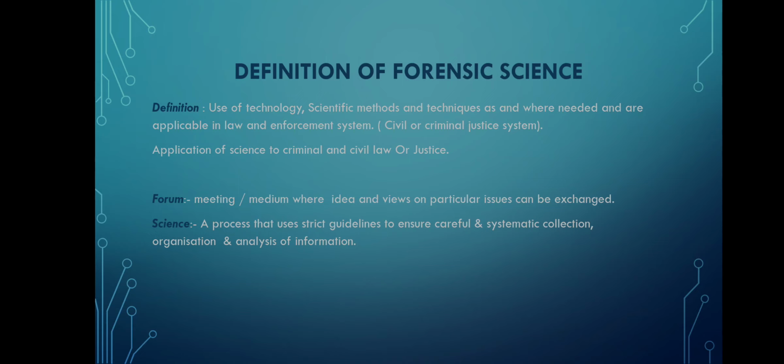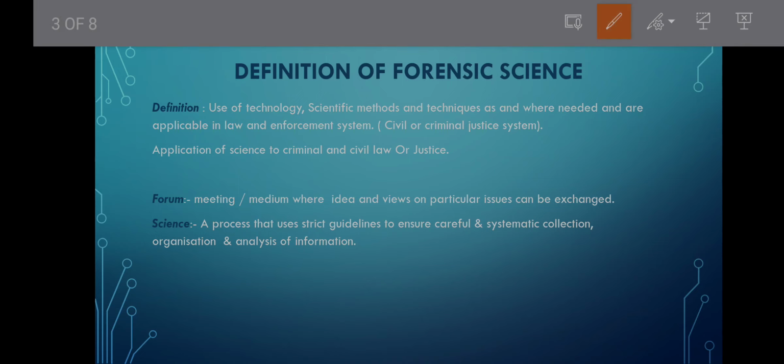Many people have different definitions according to the different books they refer to. So here is the definition that I have taken in my simplified words. It is the use of technology, scientific methods and techniques as and where needed.